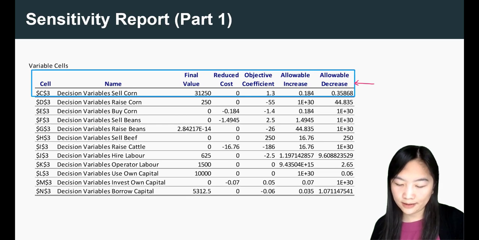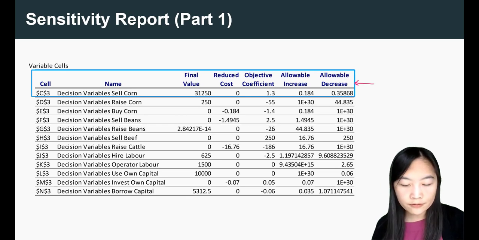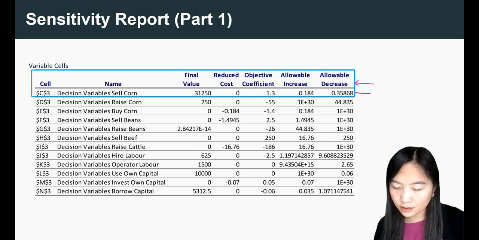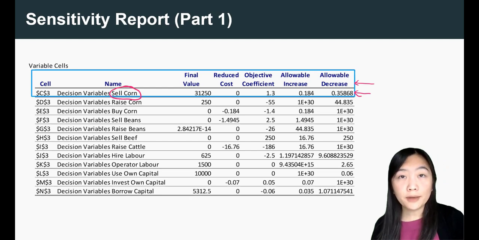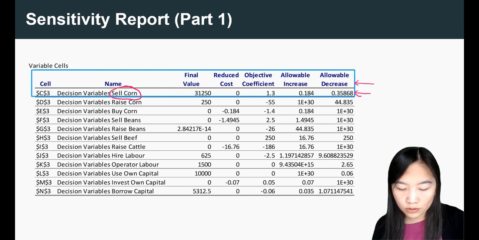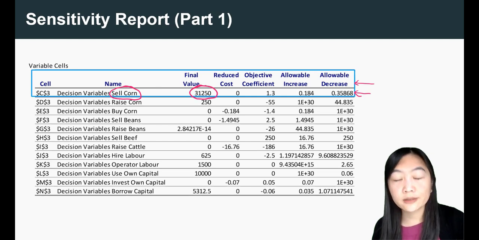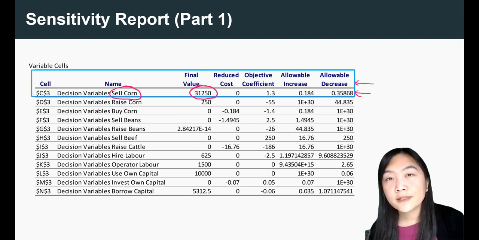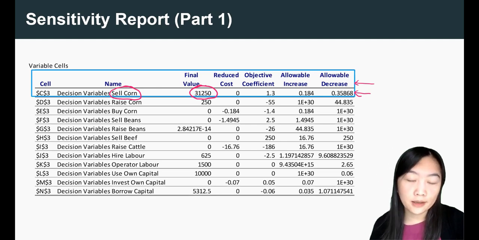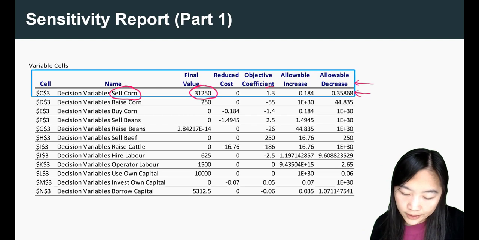I have been using this as an example. From your sensitivity report, the first row here is sell corn. You have to be careful about which objective function coefficient you're looking at. Here we're looking at sell corn, and this is the optimal solution: 31250 bushels of corn should be sold. And we are really interested in the objective function coefficient.